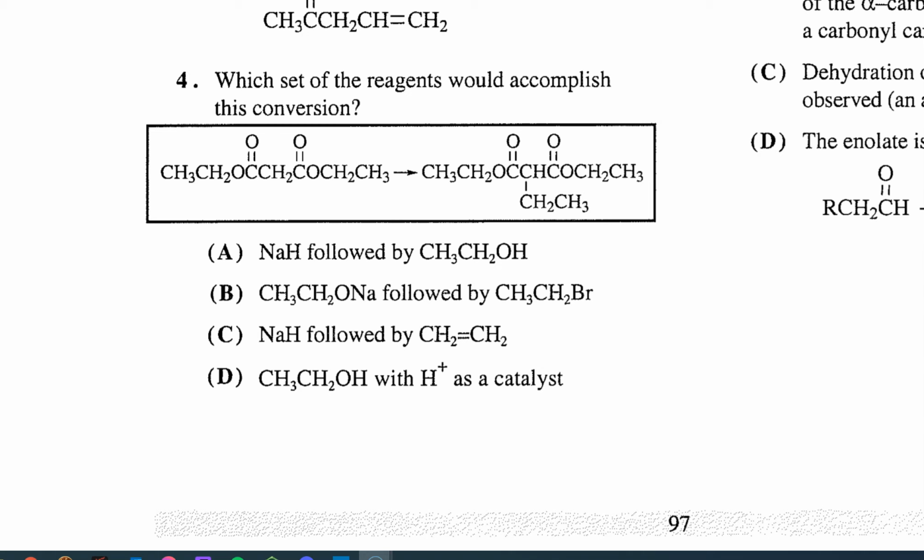That's just going to hydrolyze these esters, but just remake them as ethyl esters anyway. So nothing's going to happen with D. The real difference here is that 3 of these have bases, and only 1 has an electrophile in it. So we're looking for B as our answer, because we need that base and we need an electrophile to add on to our alpha carbon.